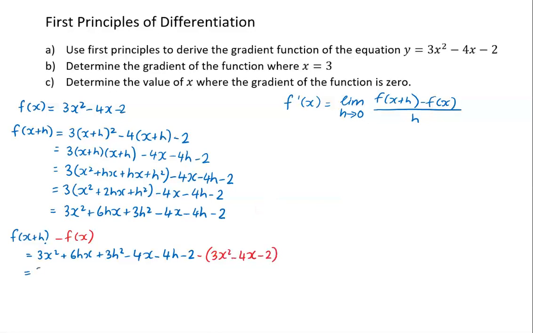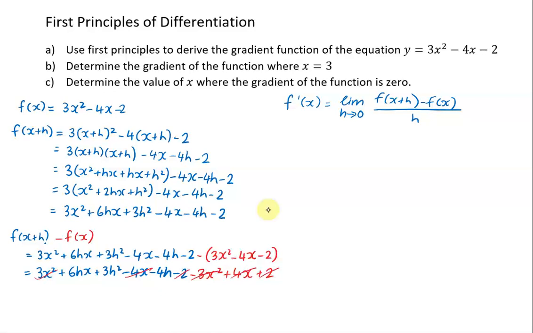And so we have 3x squared. I'm just copying down the original f of x plus h function. And I'm going to expand out those brackets at the end in red. So we have minus 3x squared, which would be take 3x squared, minus negative 4x, which would be plus 4x, and minus negative 2, which would be plus 2. And now we can see if we simplify this, we have 3x squared, take 3x squared, that'll cancel, minus 4x plus 4x, and minus 2 plus 2.